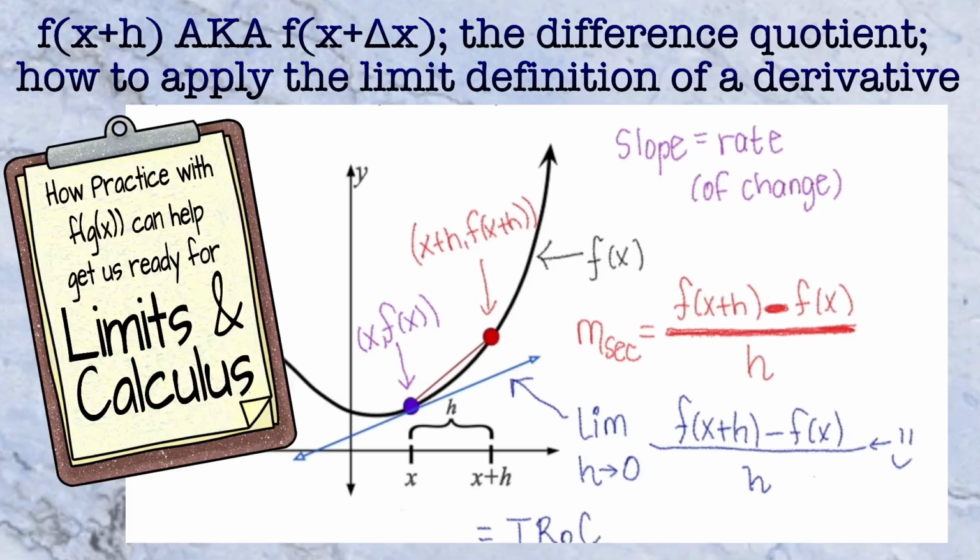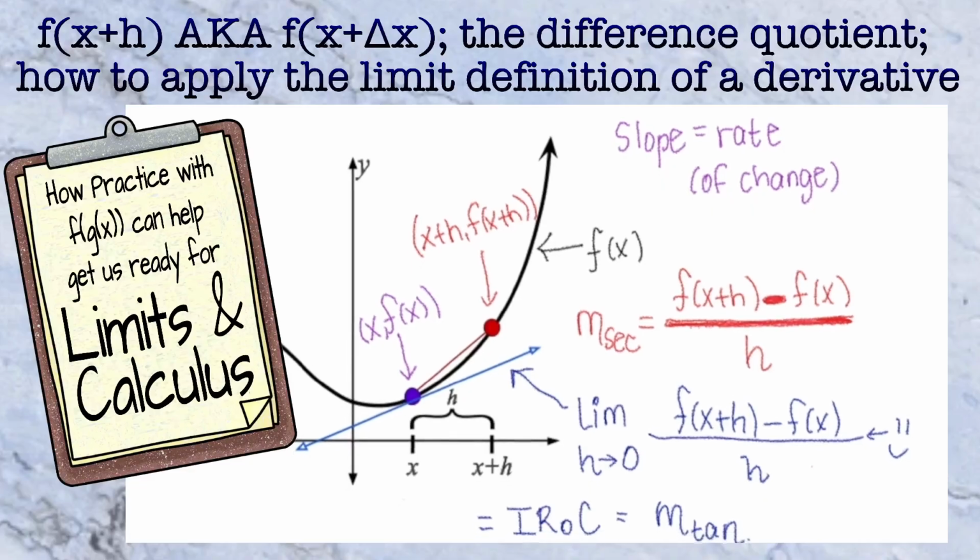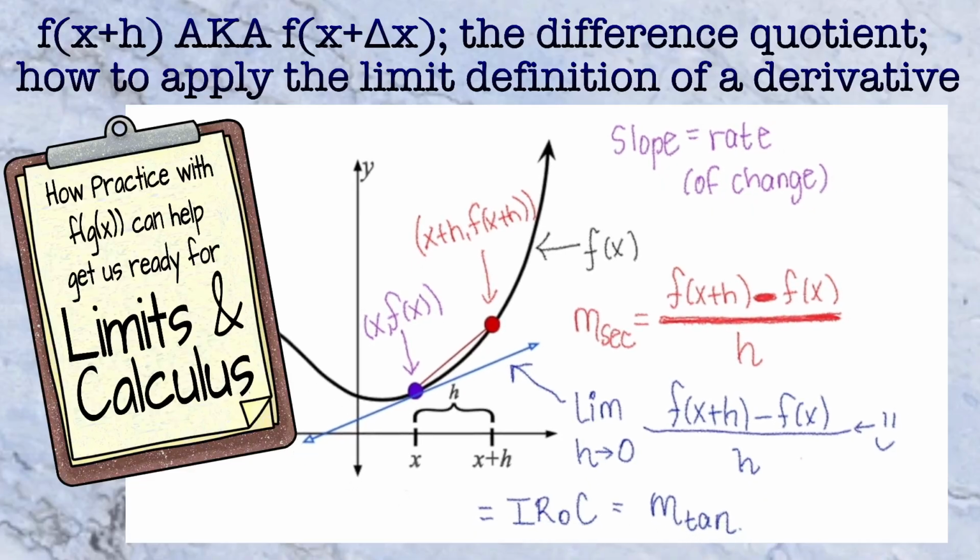That will give us the slope of the tangent line. That will give us the derivative. And the derivative, as you will learn, is a huge player in the world of calculus.